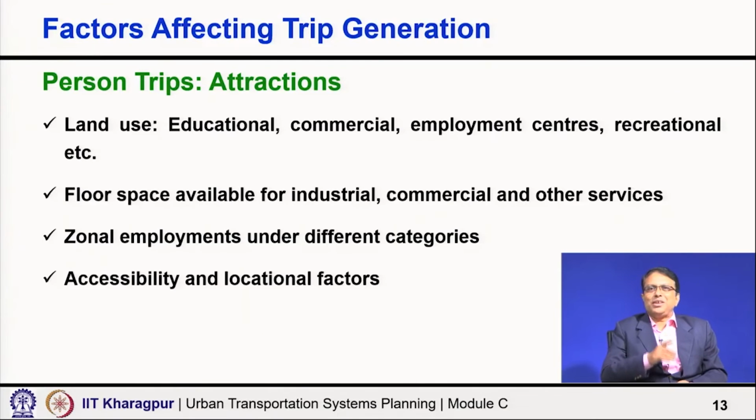So, locational factors are also important, and that is what we have said. And accessibility means the transport connectivity or the characteristics of the transportation system that is there. All these are going to influence or impact the trip attractions.